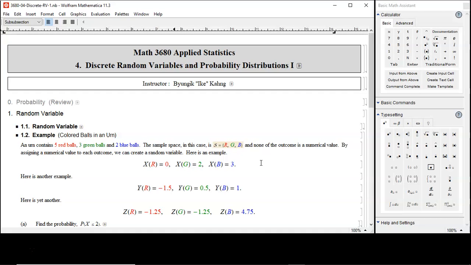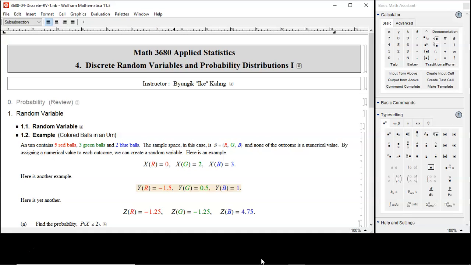However, if I assign some numerical values, then I can do some further mathematics. Let's suppose this random variable X: select a ball at random, and if it is red, then 0, green, 2, blue, then 3. Here's another example, random variable Y: select a ball, and if it is red, then negative 1.5, so you pay $1.50, and green, then you earn 50 cents, and blue, then you earn $1.